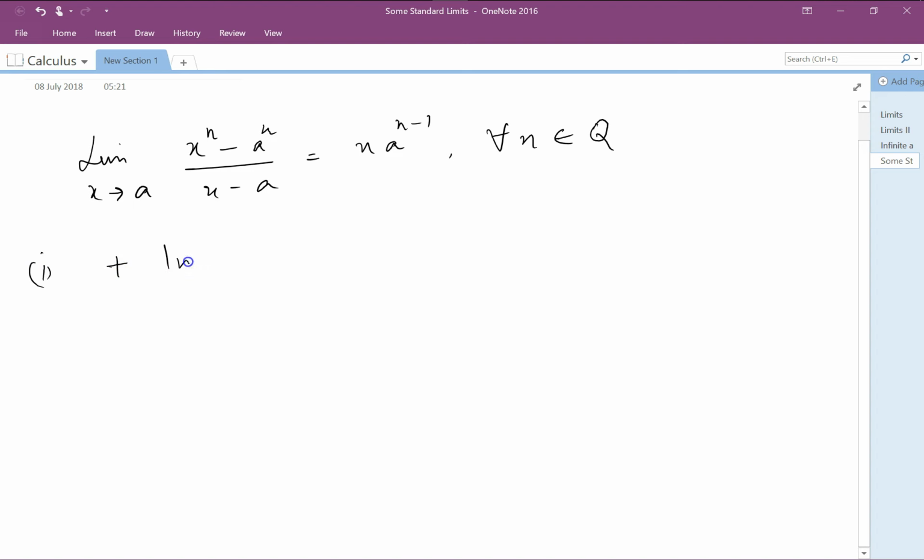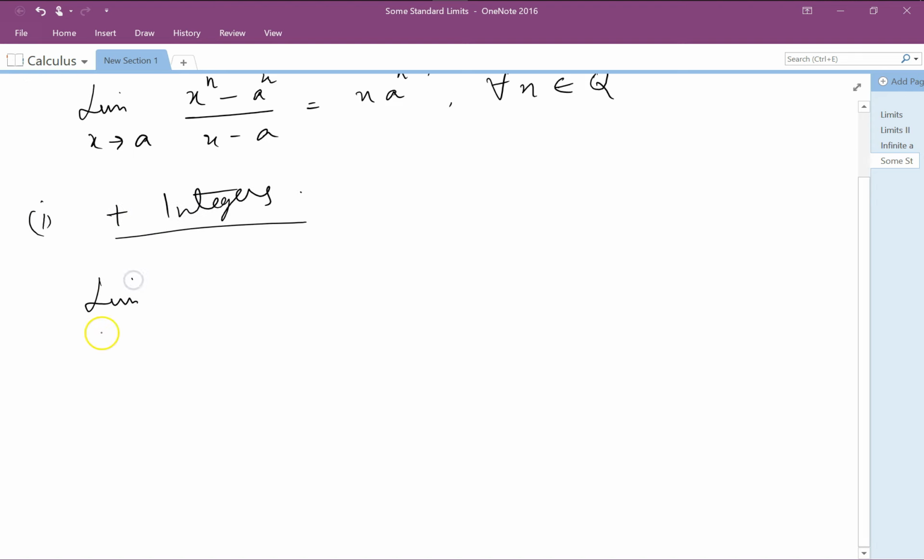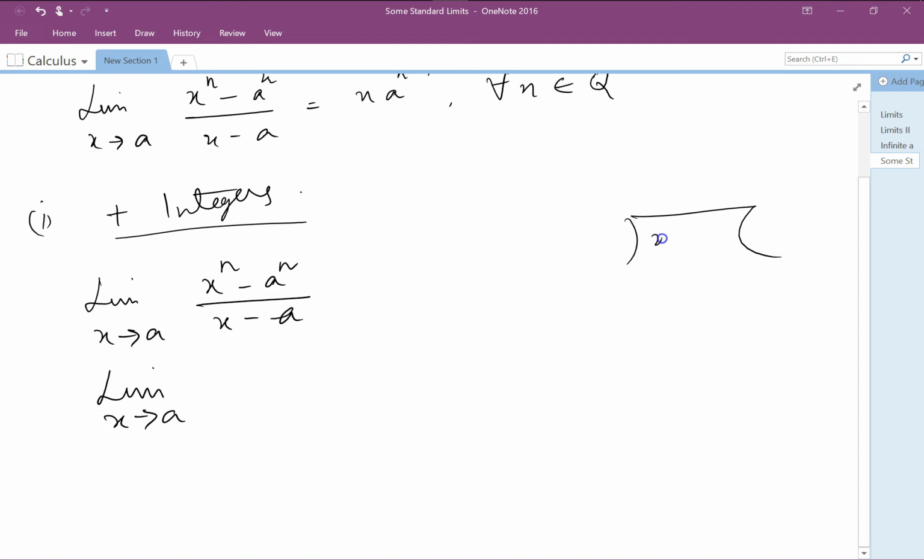For positive integers, limit as x approaches a, (x to the power of n minus a to the power of n) by (x minus a). Now, if you actually do the division of this, and you know how to do this division, just write it minus a to the power of n and start dividing.